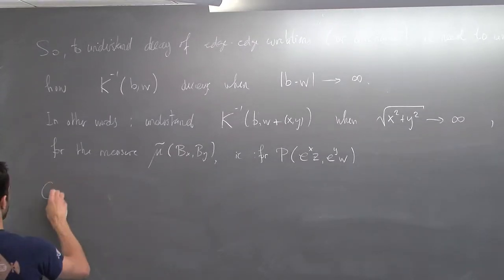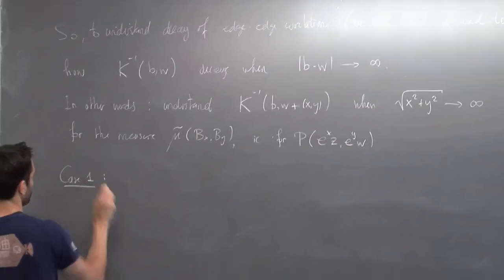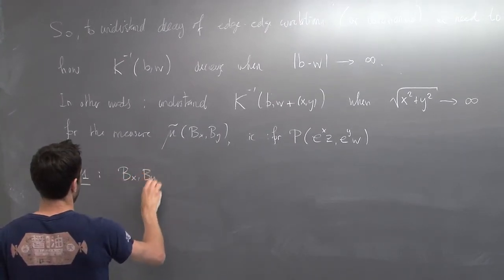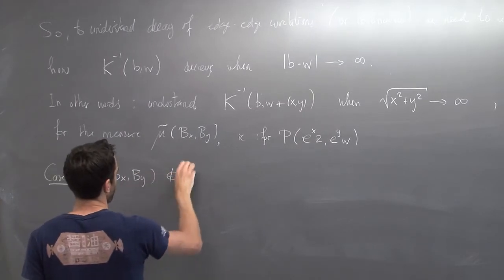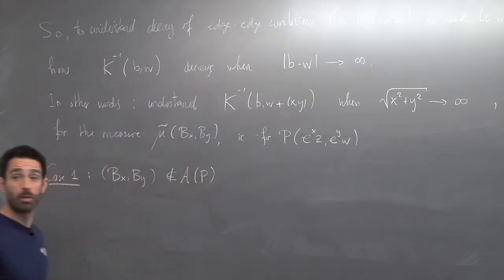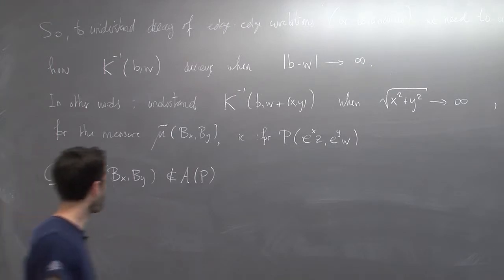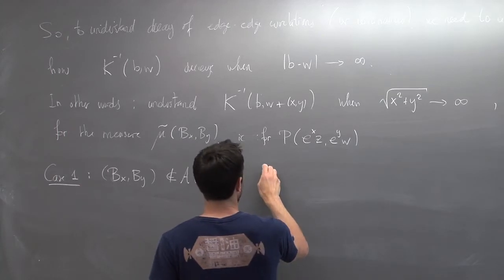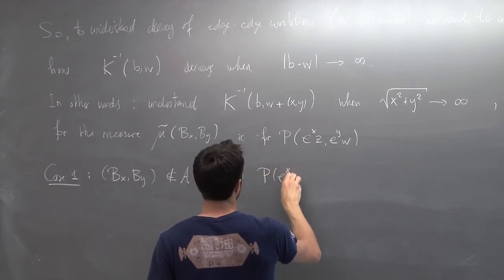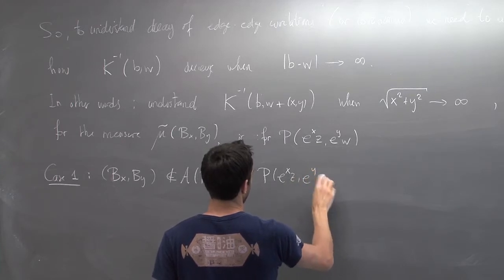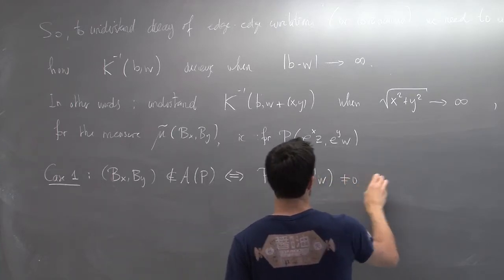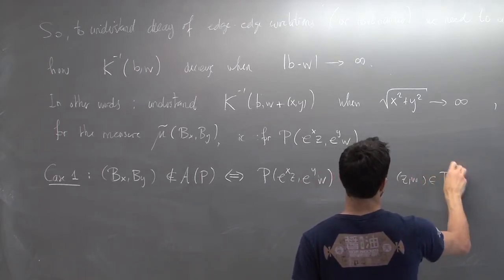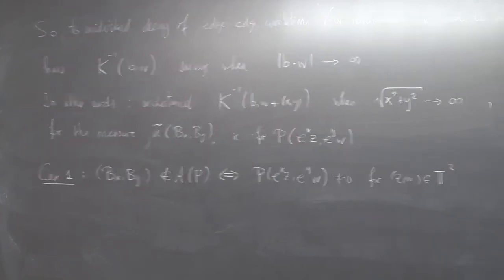So case one, let's assume that Bx, By does not lie in the amoeba. Okay? This is equivalent to saying that P(E^X Z, E^Y W) is never zero for Z, W on the torus.